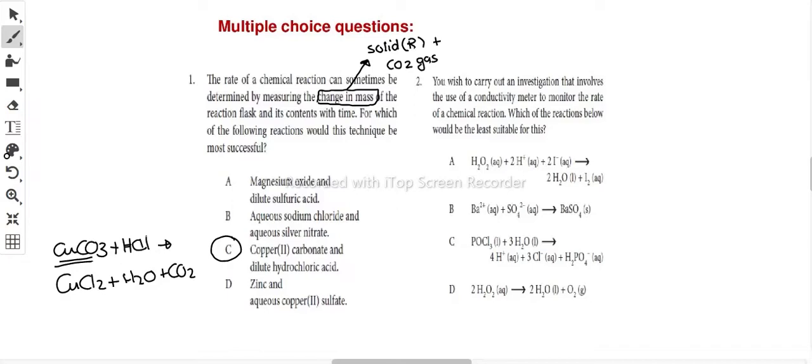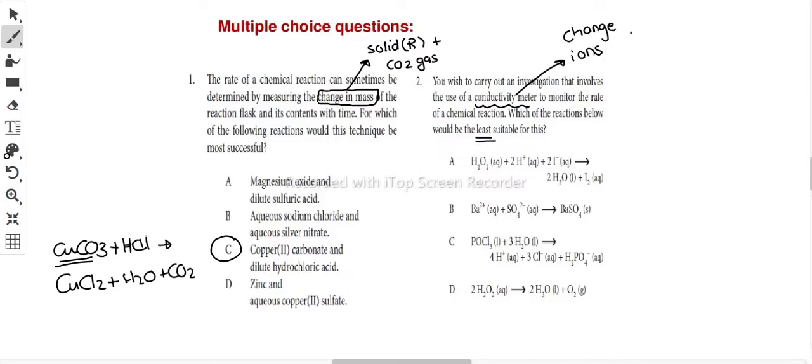You wish to carry out an investigation that involves the use of conductivity. For conductivity, I need to have a change in the number of moles of ions. So start thinking, which one is the correct answer? To monitor the rate, which of the reactions below would be the least suitable?